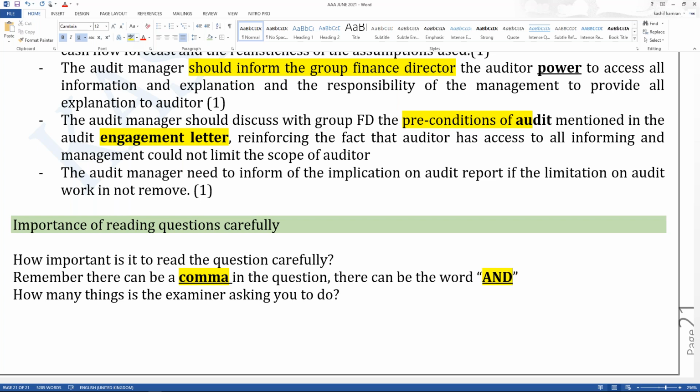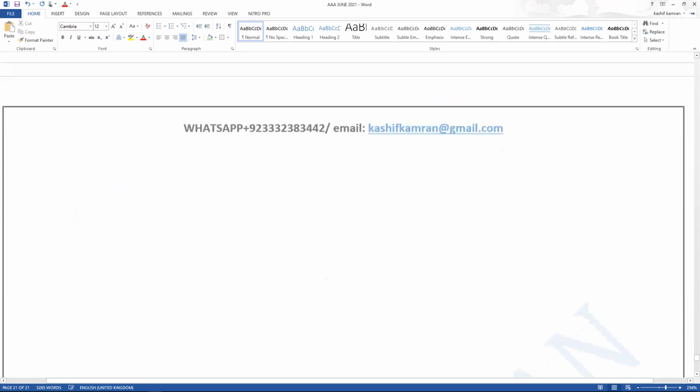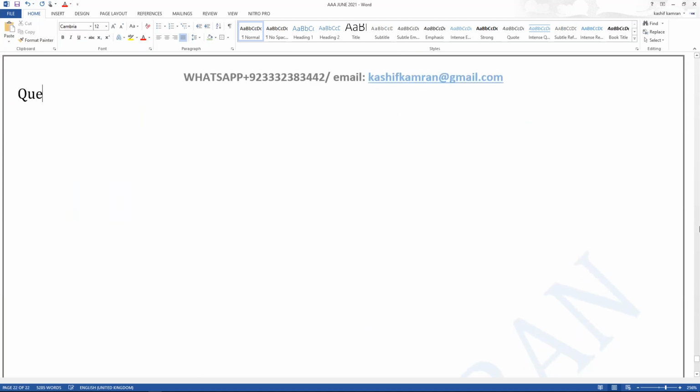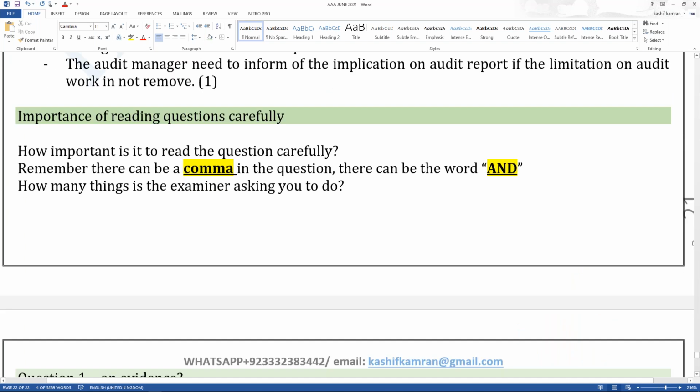Right. Now I just want to do one last thing with you. When I was discussing with you question number 1 on evidence, which basically asks you to comment on the matters and explain the evidence, I want to give you some guidance for incremental marks. How can you get incremental marks on question number 1?